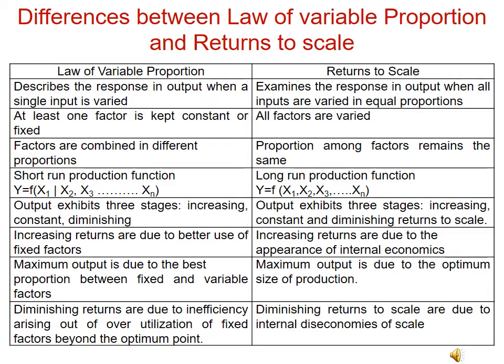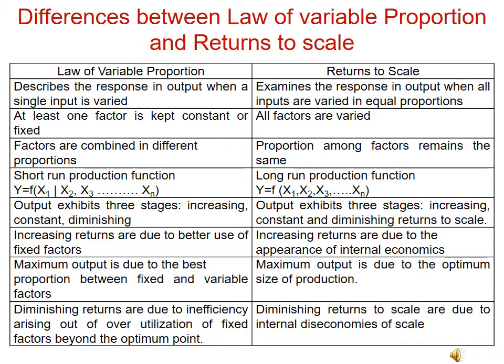So let's look at the comparison of law of variable proportion and returns to scale. In case of law of variable proportion, it describes the response in output when a single input is varied. But in case of returns to scale, it describes the response in output when all the inputs involved are varied in equal proportions.